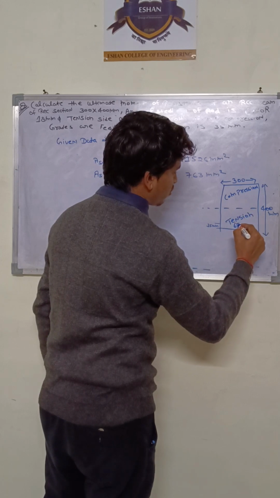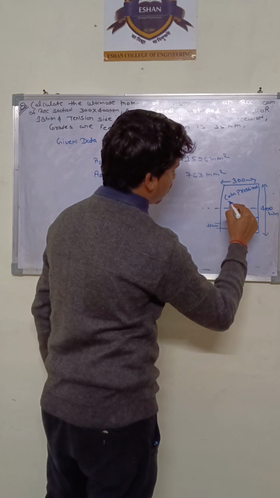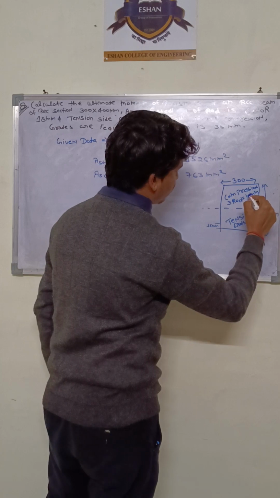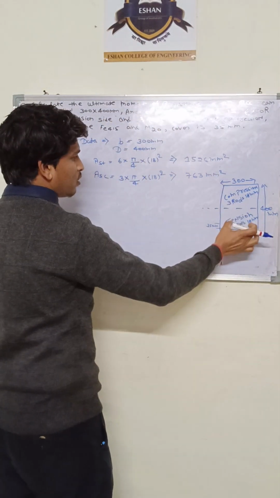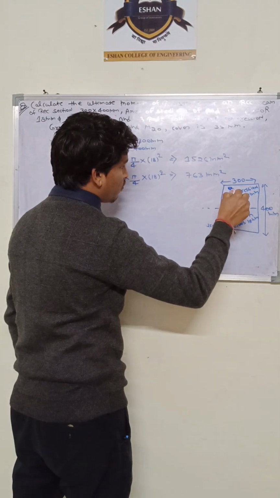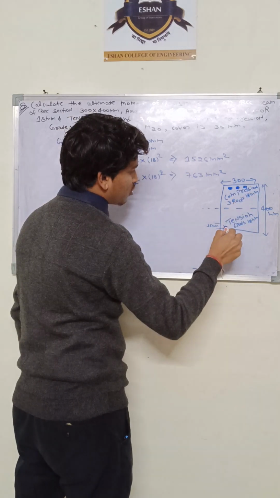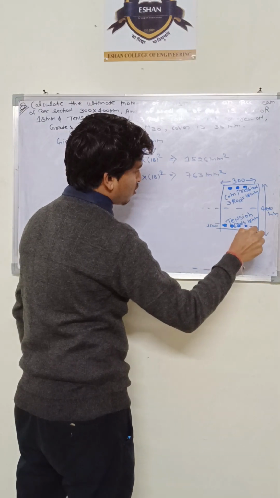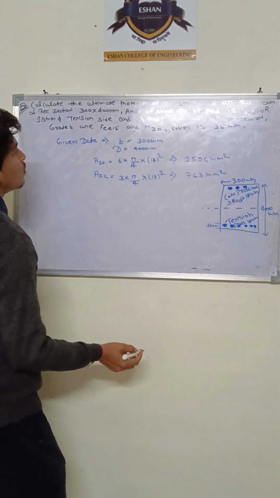Here are 6 rods of 18 mm dia in the tension zone, and here 3 rods of 18 mm dia in the compression zone, as given in the numerical.